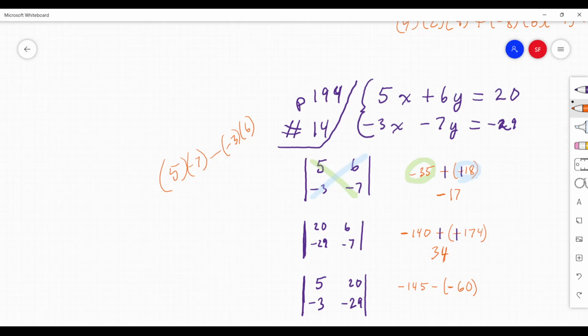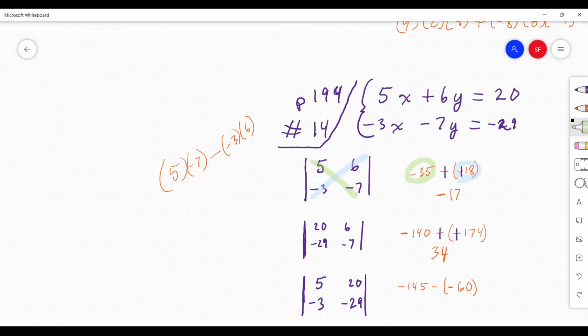Okay. Put the top one. That's where I got 34. So for 145, would it be plus 60? Negative 145 plus 60 would be negative whatever that is, 85. Is it 85? So 34 divided by -17.